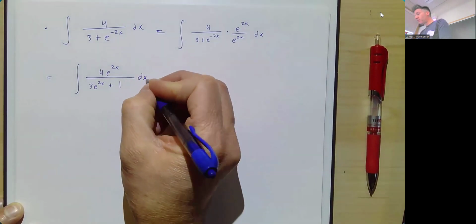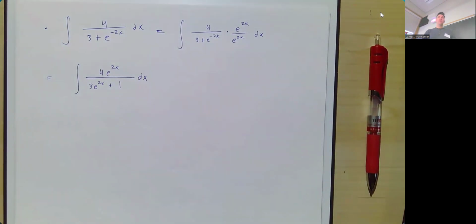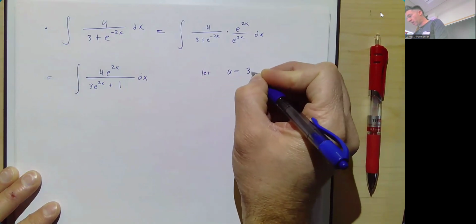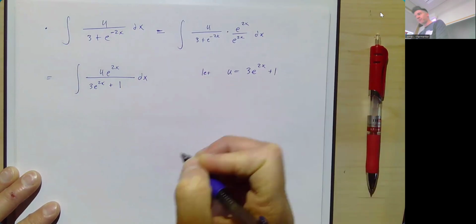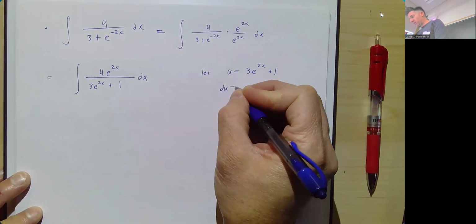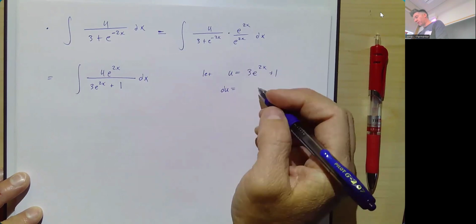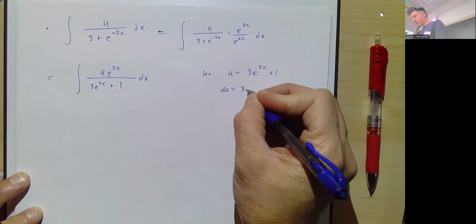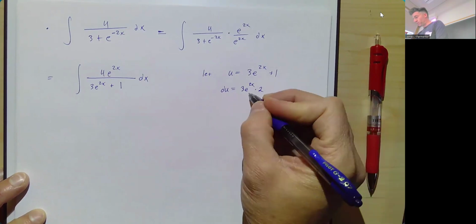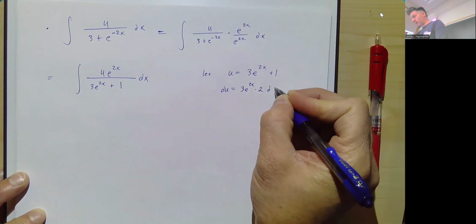And then after you've done this trickery, you then make a u substitution, letting u equal the denominator. So we're going to let u equal 3e to the 2x plus 1. And our derivative, our du, is going to equal the derivative of 3e to the 2x plus 1, which is 3e to the 2x times 2, because of the chain rule. And then we slap on the dx there.